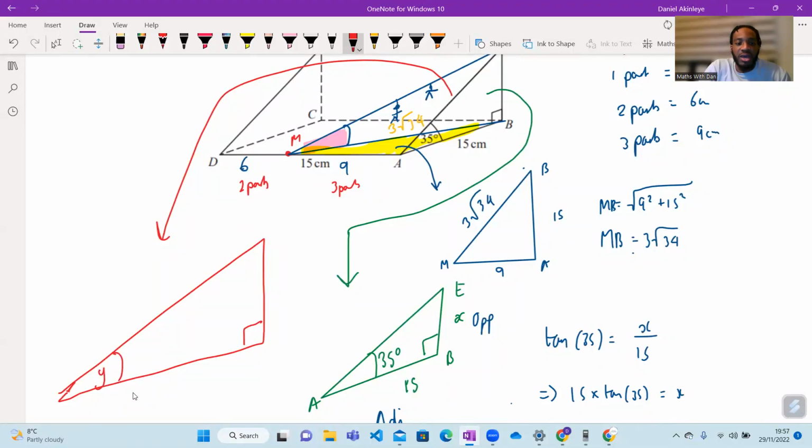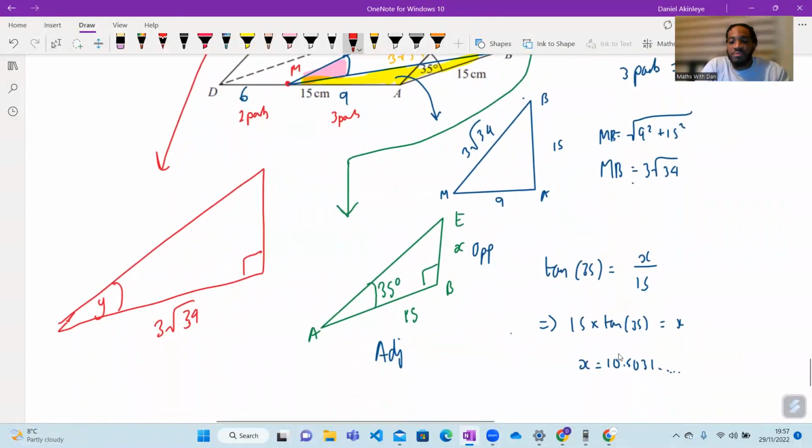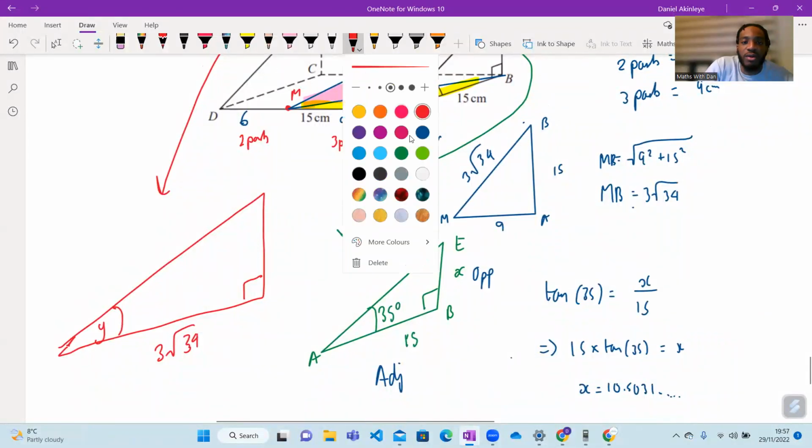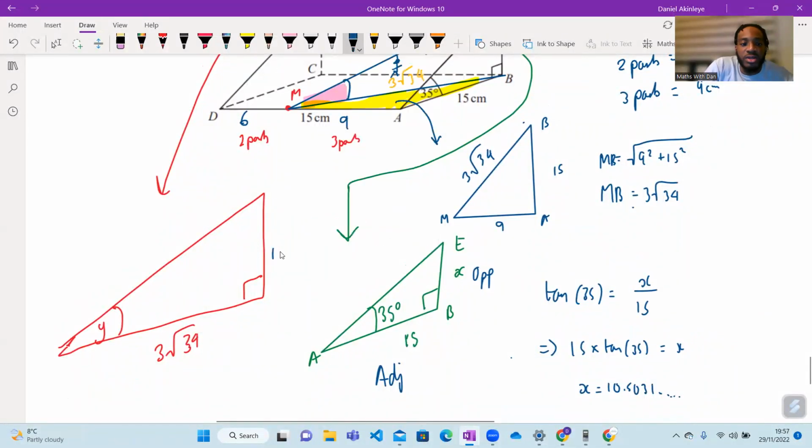I'll call it Y. What do we know? MB we knew as 3 root 34, and we just worked out this side to be 15 tan 35, which is 10.5031 dot dot dot.